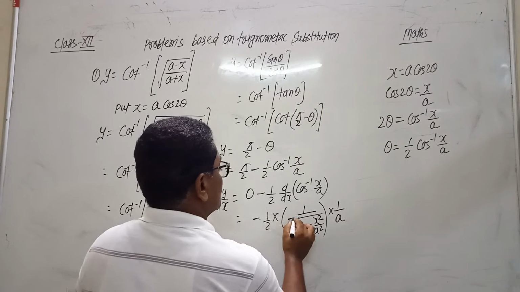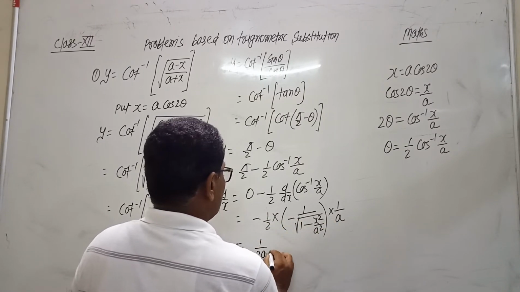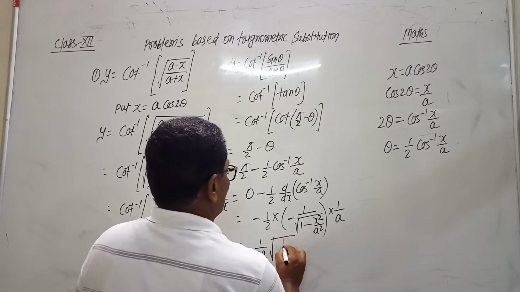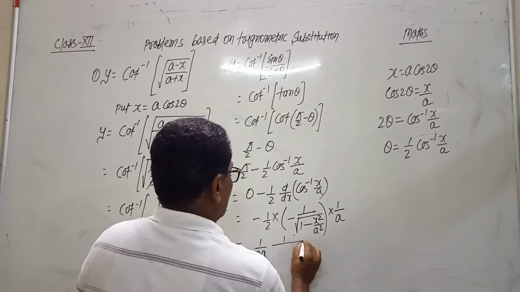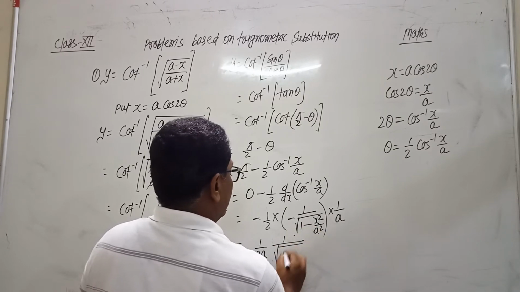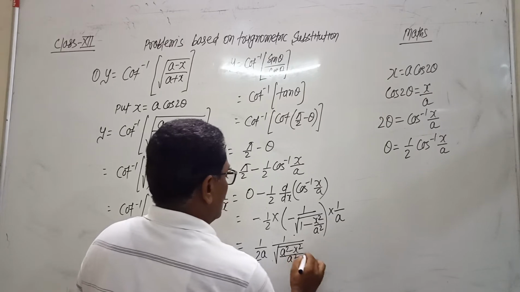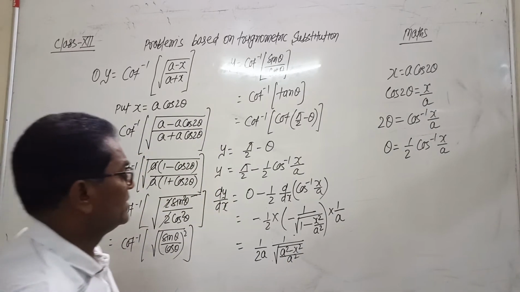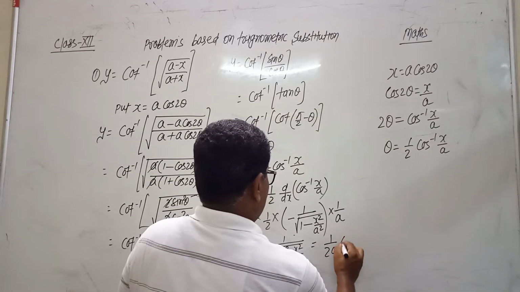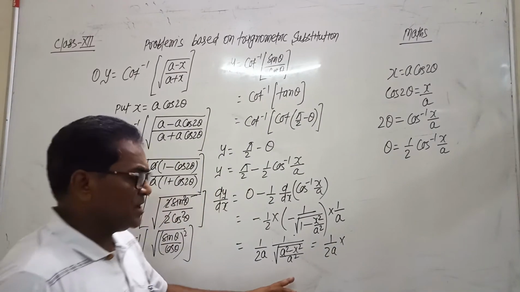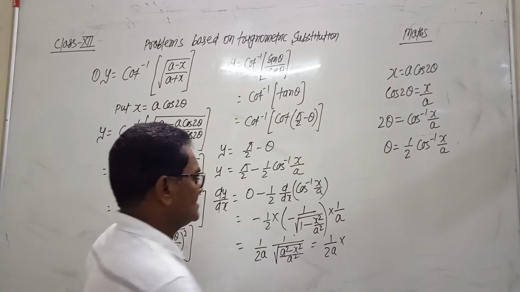So minus minus plus, 1 by 2a into under root of 1 upon under root of, taking LCM, (a square minus x square) upon a square. And this becomes 1 by 2 into, when we write this in multiple form, the a square and the square root get cancelled.